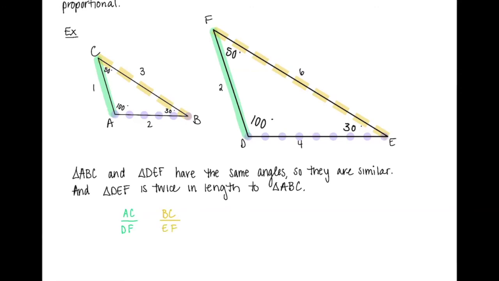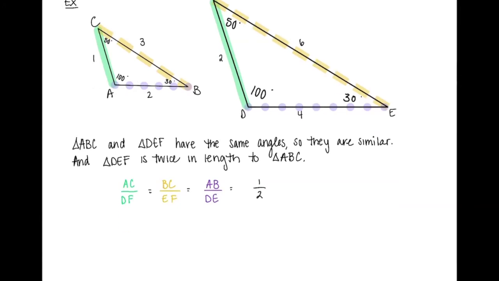And finally, if I look at side AB and DE, so I'm keeping the same triangles in the same position, that would be 2 over 4. All of these are exactly the same. They simplify to 1/2. Because of that, these are called corresponding pairs, because they're the corresponding sides of those triangles.